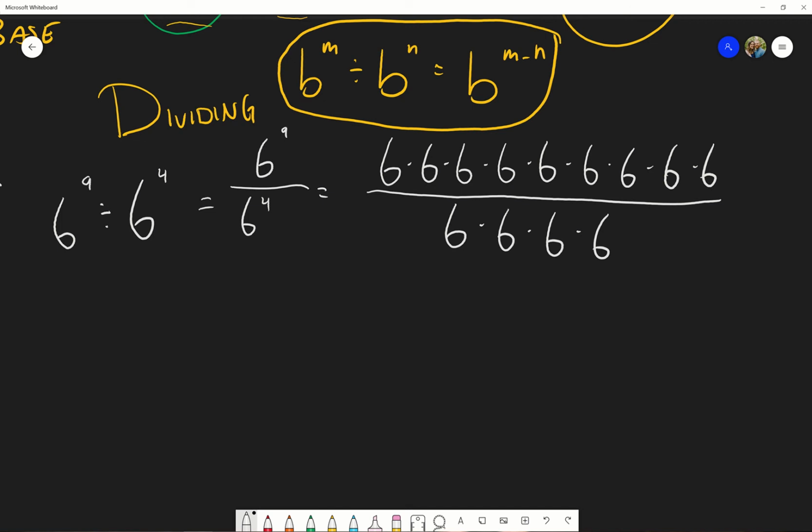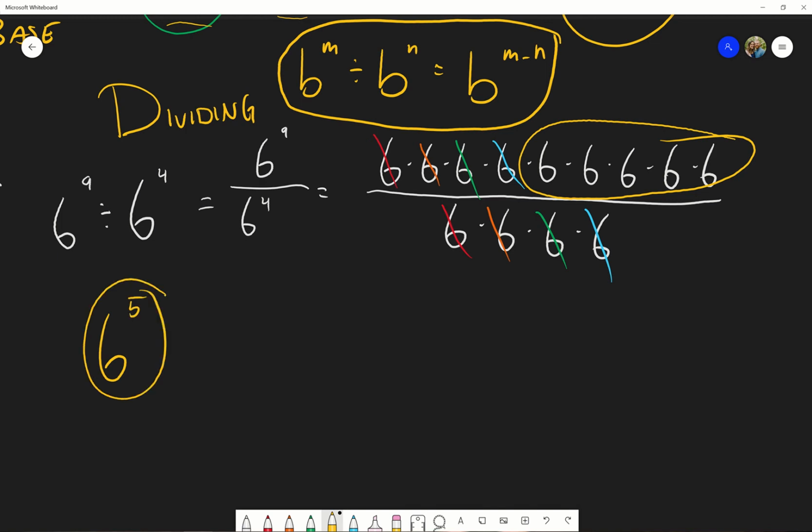When I'm dividing and I have the same thing on top and bottom, those simplify and cancel each other out. 6 and 6 cancel, 6 and 6 cancel, 6 and 6 cancel, and 6 and 6 cancel, leaving me with all that's left right here, which happens to be 6 to the power of 5.